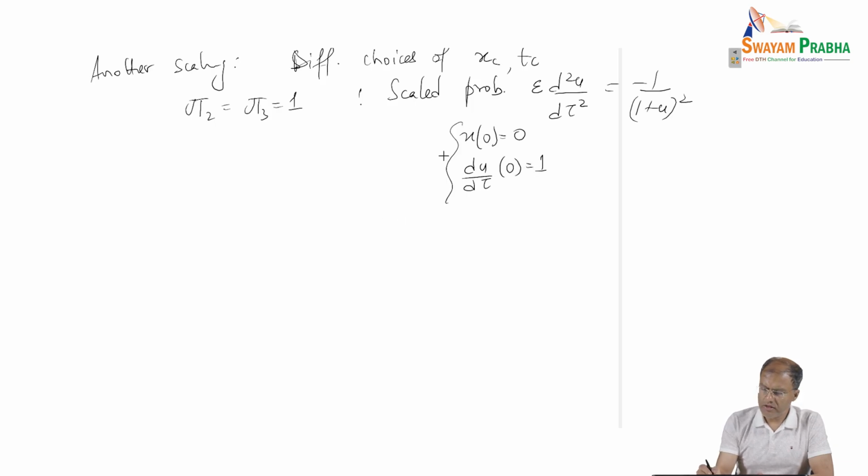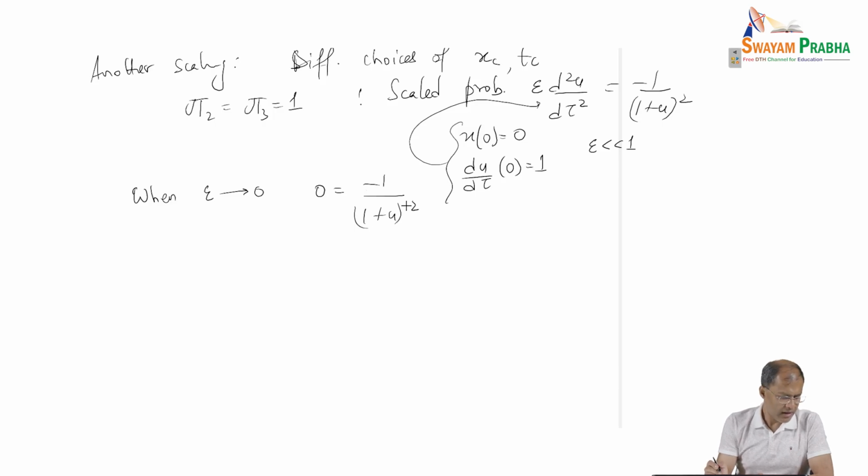And now this problem is a little problematic because, of course, epsilon is a small parameter, and in the limit epsilon tending to 0, the model will be 0 is equal to negative 1 by (1 plus u) square, and of course at t equal to 0, u of 0 is 0, so we get 0 is equal to minus 1, which is a contradiction.